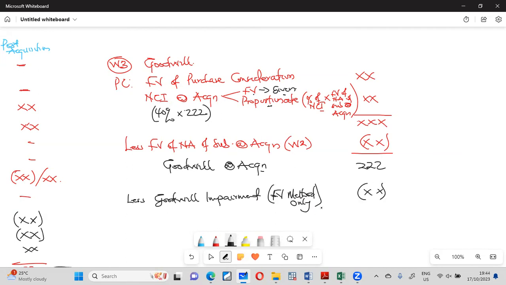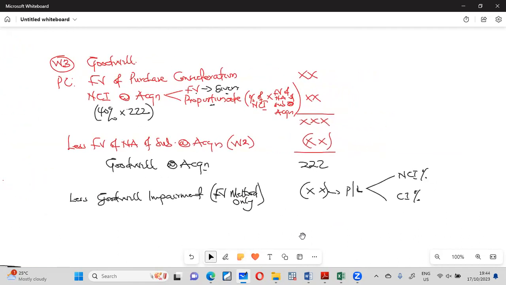Now, if the fair value method is used, it means that the impairment, which will of course go to your P&L, will be shared among the controlling interest and the non-controlling interest.